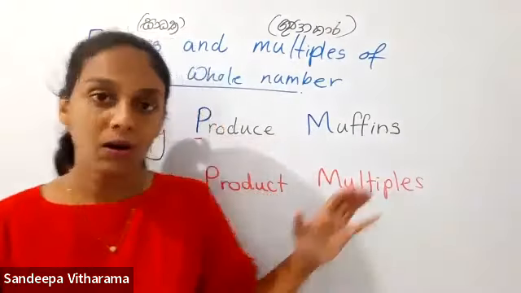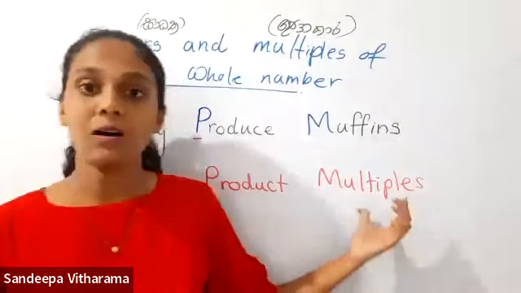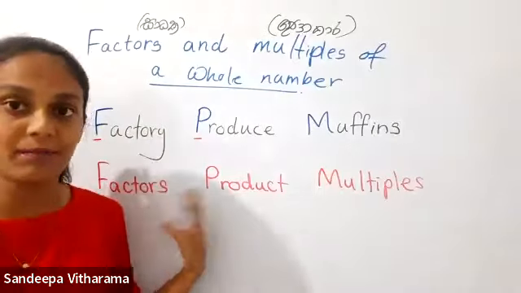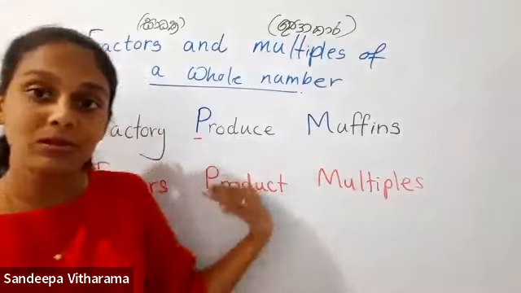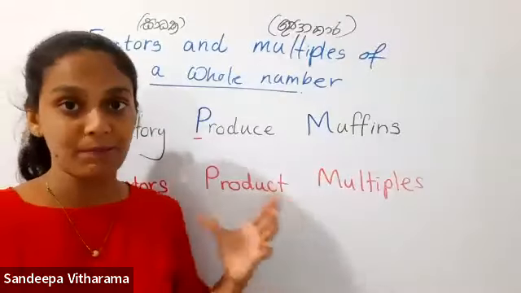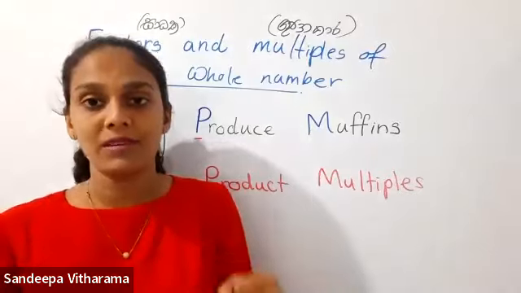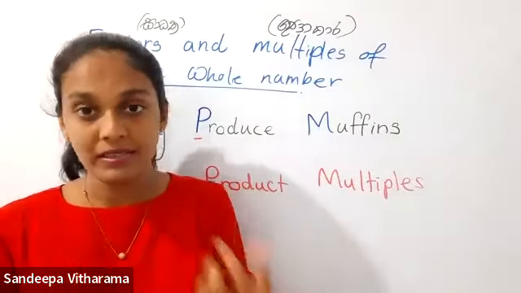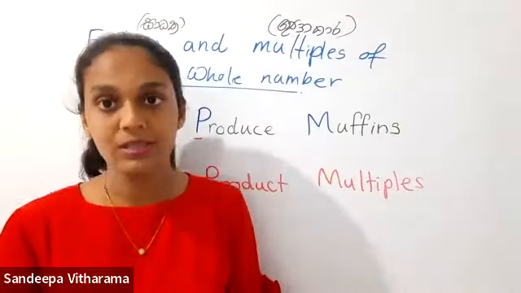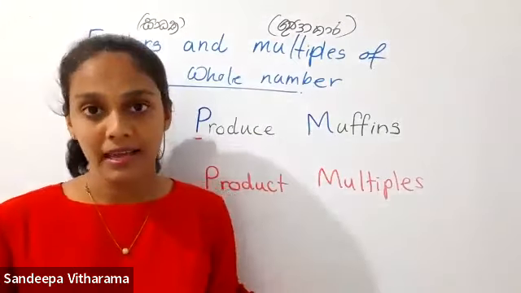How do we identify this separately? Multiples are obtained by factors. That means multiples are produced by factors. How? There should be a product. That means there should be a multiplication between factors. If there is a multiplication between factors, then multiples are formed.